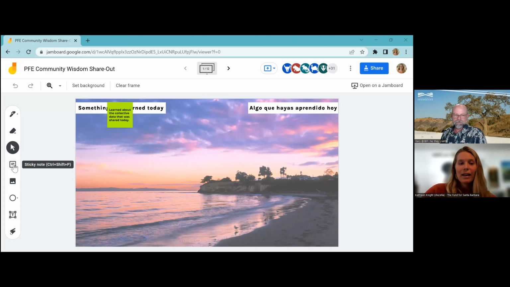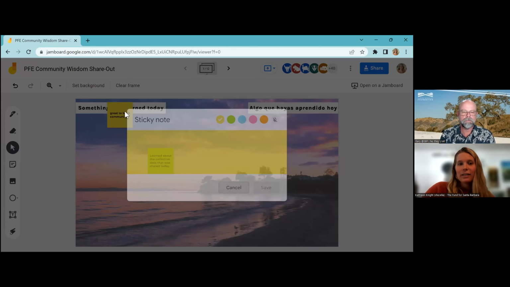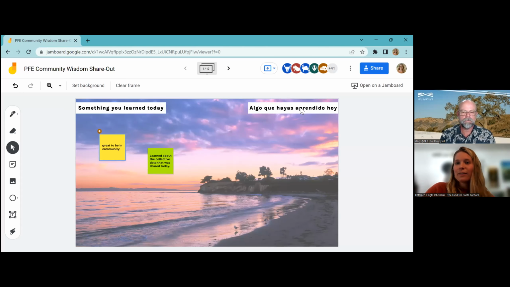You can click on the left side of your screen where it says sticky note. A sticky note will pop up, something I learned today, that it is, or we'll say great to be in community. You'll click save and it'll add it to the Jamboard here. You can add another one, you can click cancel, you can move yours around. So we'll go ahead and answer this first question here.